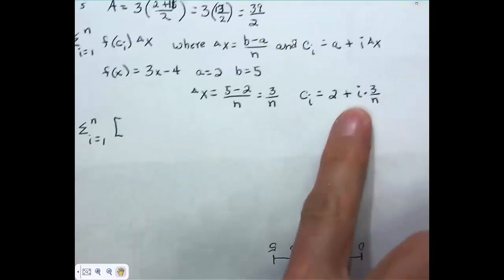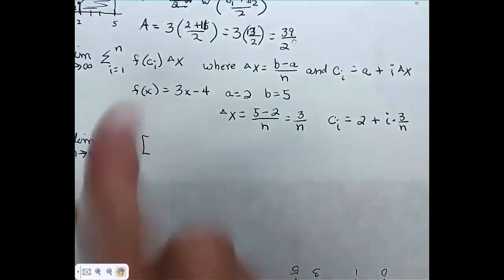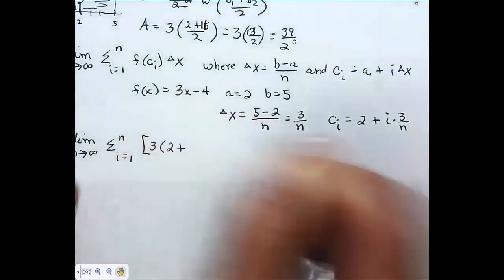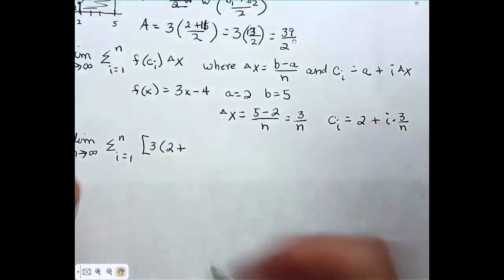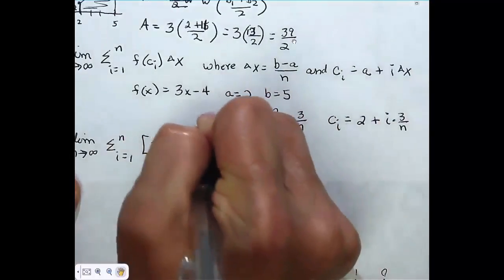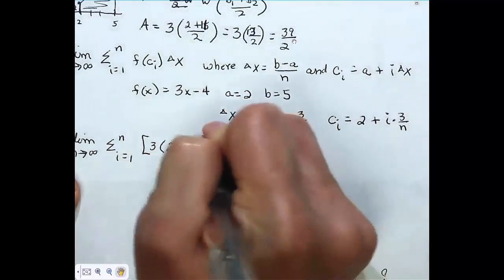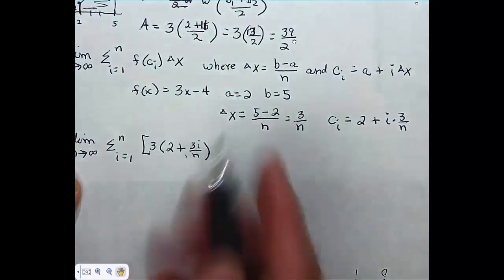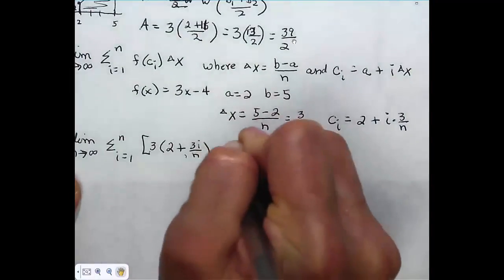Here's my c sub i. I'm going to put that in place of x. I'd have 3 times 2 plus, I'm going to call that 3i over n, just think, because I think that'll look simpler, minus 4.